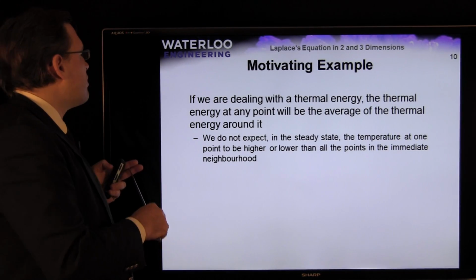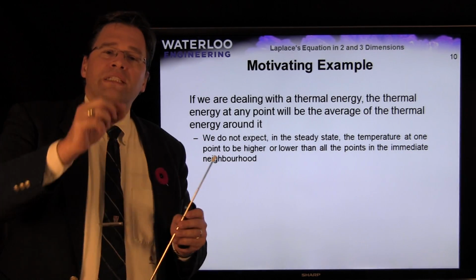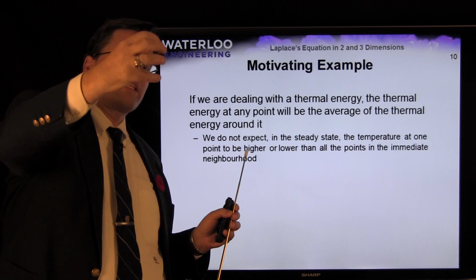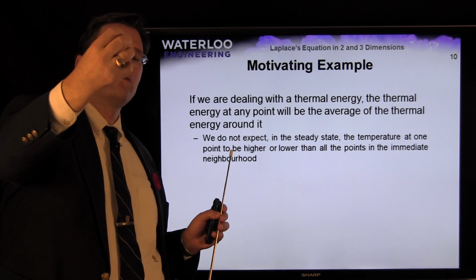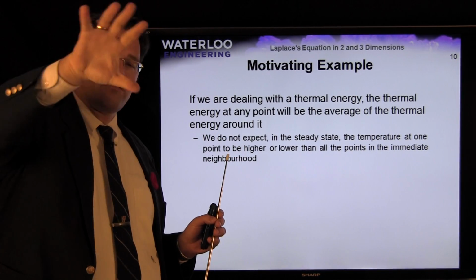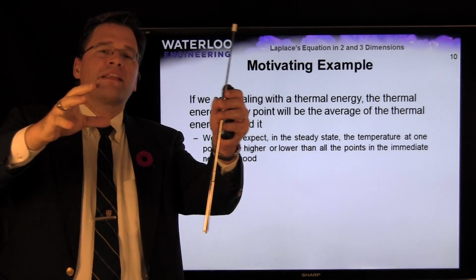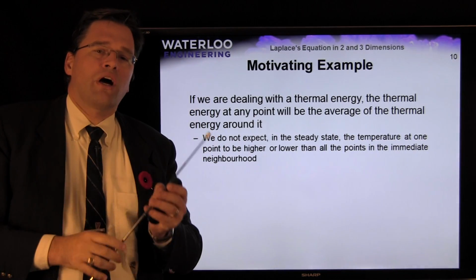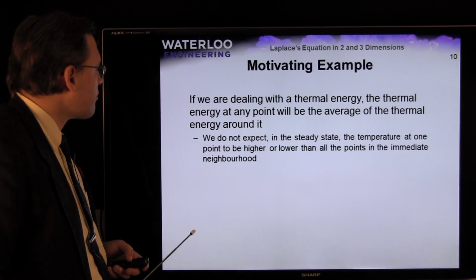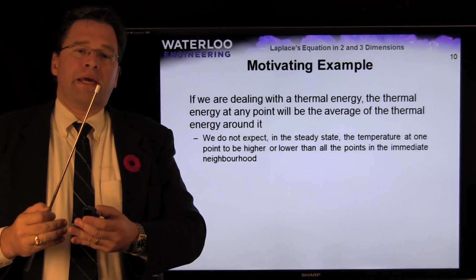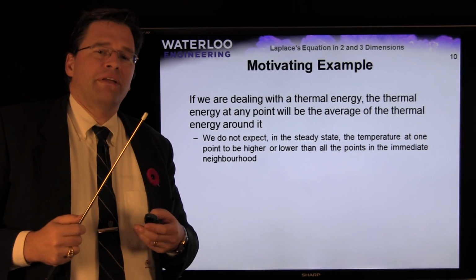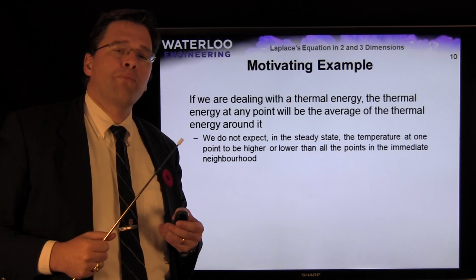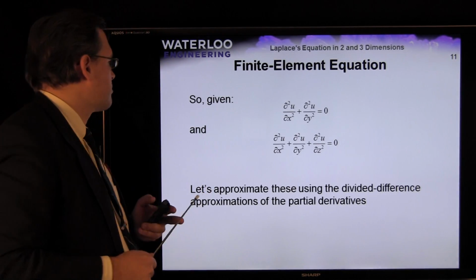If we're dealing with thermal energy, again, assuming this room is in thermal equilibrium, I would not expect there to be a pocket of hot air or freezing air right here. We would have expected that heat to diffuse out or heat to converge on a region which is cooler. So once again, we do not expect any one point to be strictly higher or strictly lower than all the points immediately surrounding it.